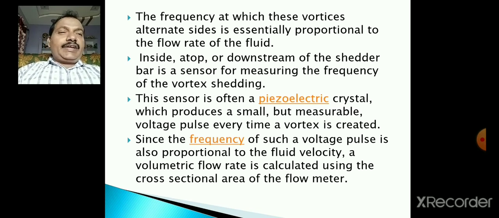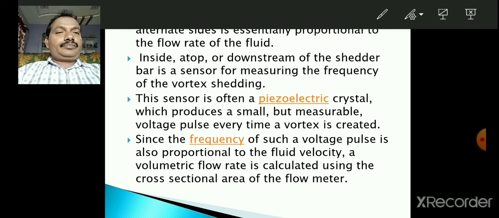The frequency at which these vortices alternate sides is essentially proportional to the flow rate of the fluid. That means, for example, let us take the flow rate V as directly proportional to the frequency of the vortices.